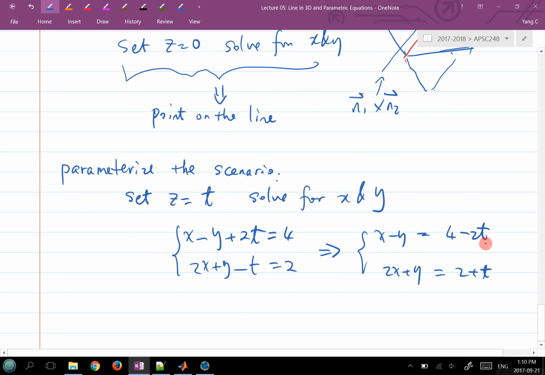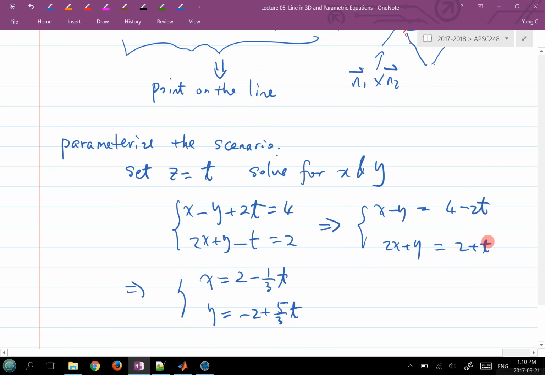So you'll be able to get x equal to 2 minus 1/3 t and y equal to -2 plus 5/3 t. If you solve these two equations, you end up with this expression for x and y.